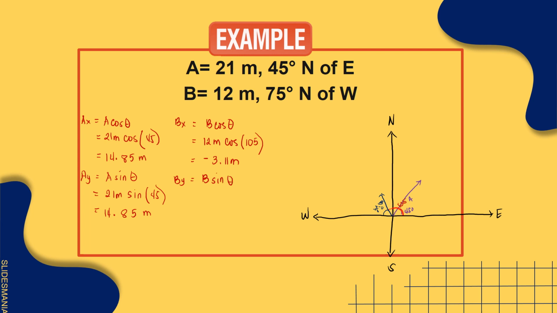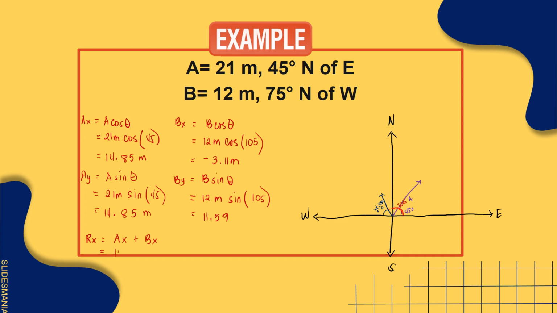B sine theta is equal to 12 meters sine 105. Okay, this is 11.59. Now that we have the x and y component of each vector, we are now ready to get its summation. So for the summation, we have Rx is equal to Ax plus Bx.